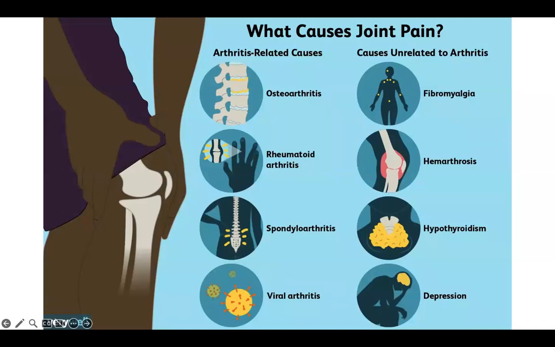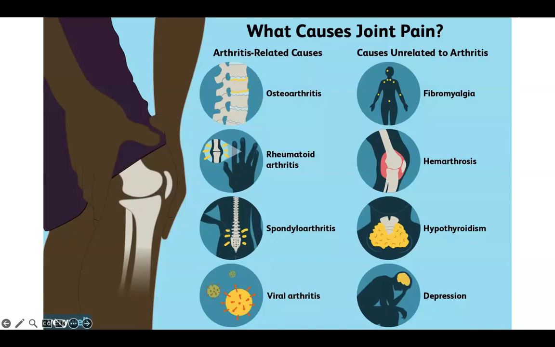Some of the arthritis-related causes could be osteoarthritis, rheumatoid arthritis, spondylitis arthritis, and viral arthritis, through viral infections. Unrelated causes of arthritis: fibromyalgia, hemarthrosis, hypothyroidism, or depression.